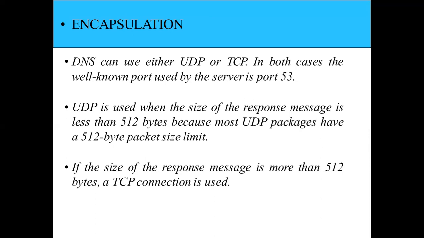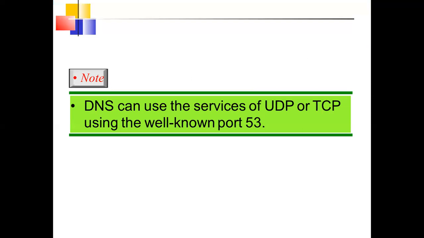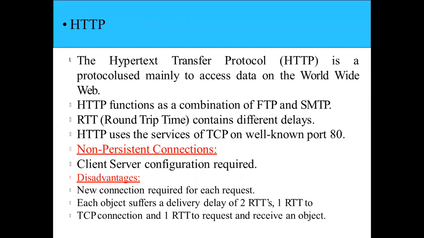Most UDP packages have a 512 byte packet size limit, and if the size of the response message is more than 512, at that time it uses TCP, which is connection oriented. So DNS can use the services of UDP or TCP, using port number 53. So next the point is HTTP.